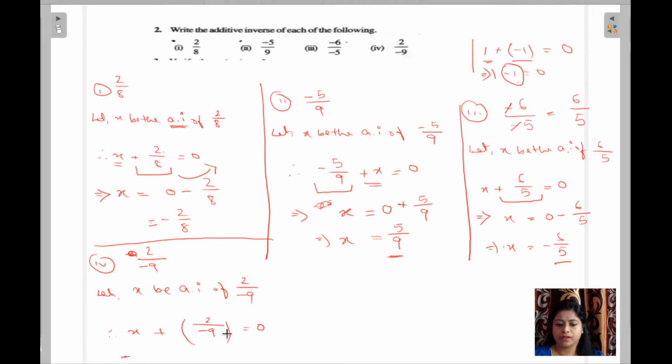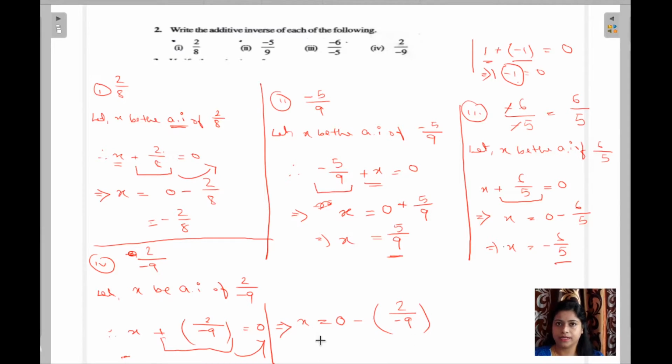So here we will write, this implies x equals to 0 plus, inside the bracket we have the number. So plus of this number we will take it to the right side of equal sign. So it will become 0 minus 2 by minus 9.